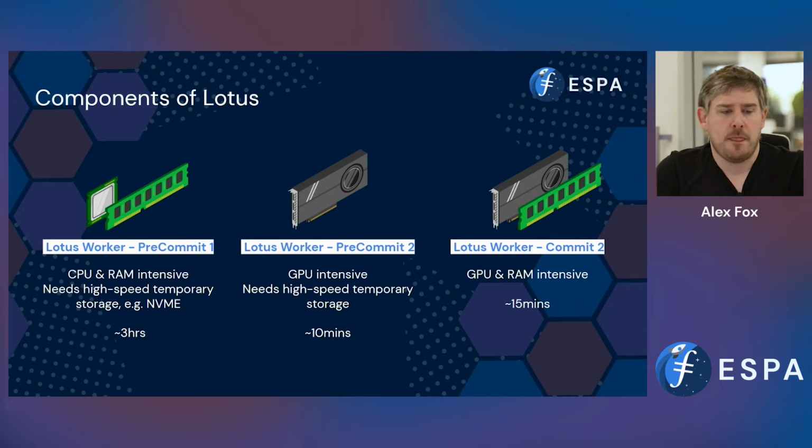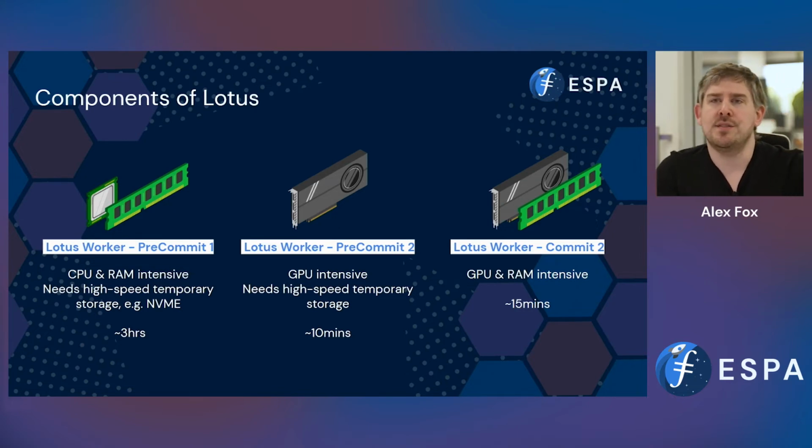After PC1, it's about 3 hours on that, then PC2 follows straight on afterwards after PC1, uses a lot less RAM. Not sure specifically how much, but a lot less. It's much less to worry about.